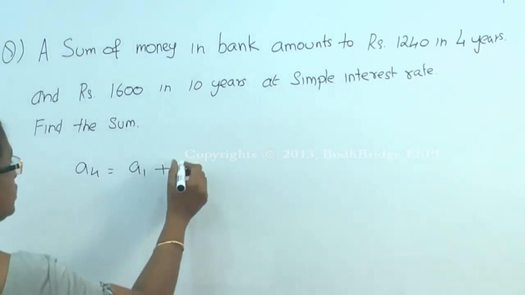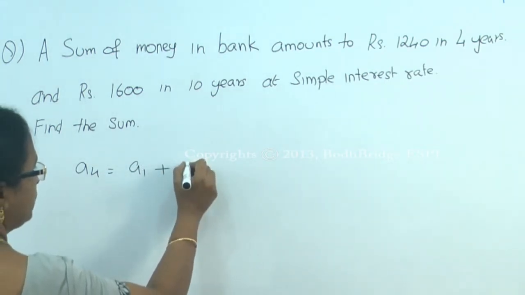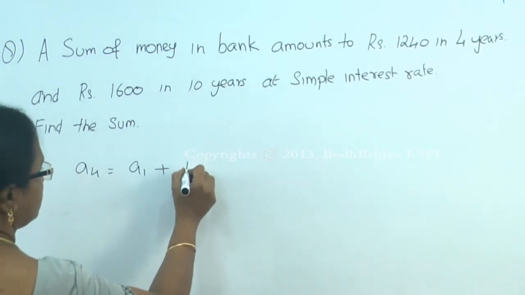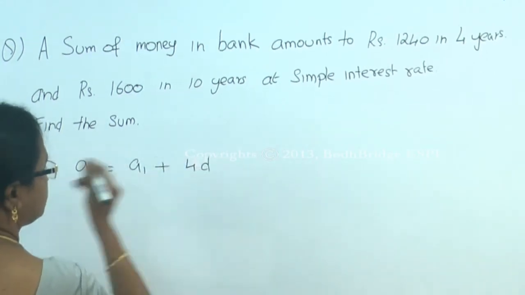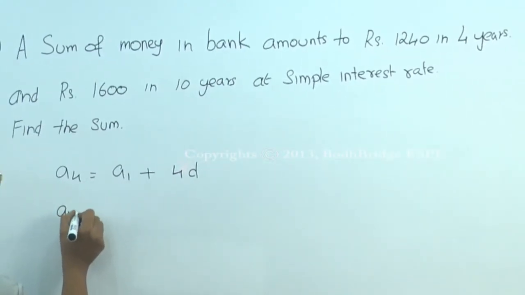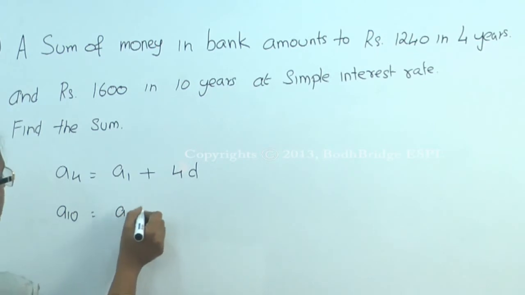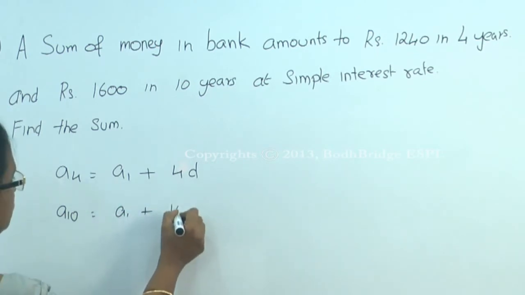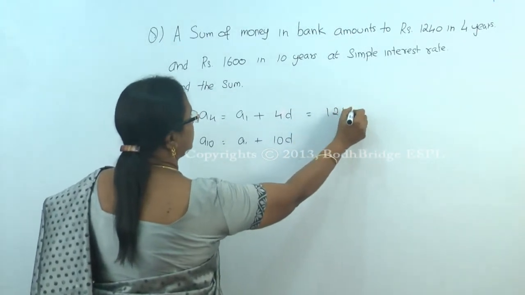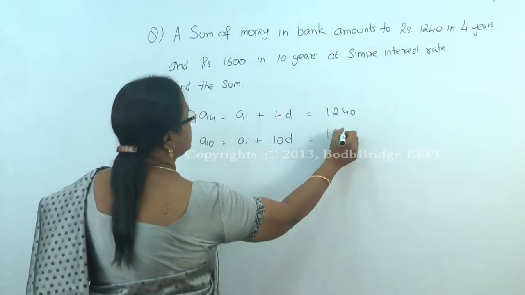So for 4 years it is going to be 4 times that, so D is going to be 4D here. Similarly, after 10 years, it is the initial amount plus 10D. And this is given as 1240 and this is given as 1600.